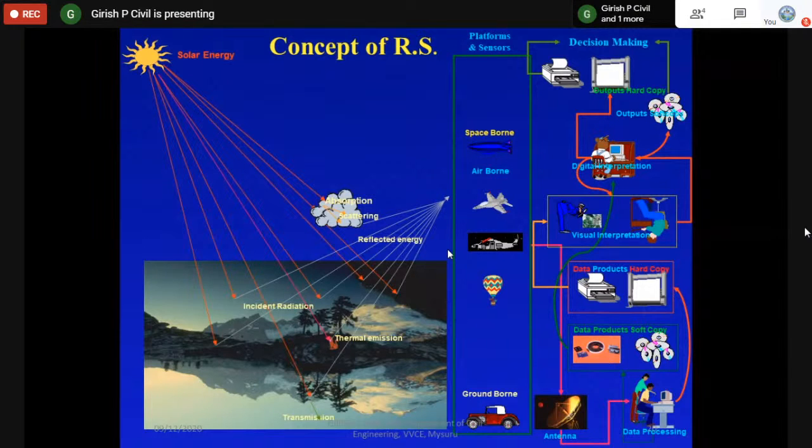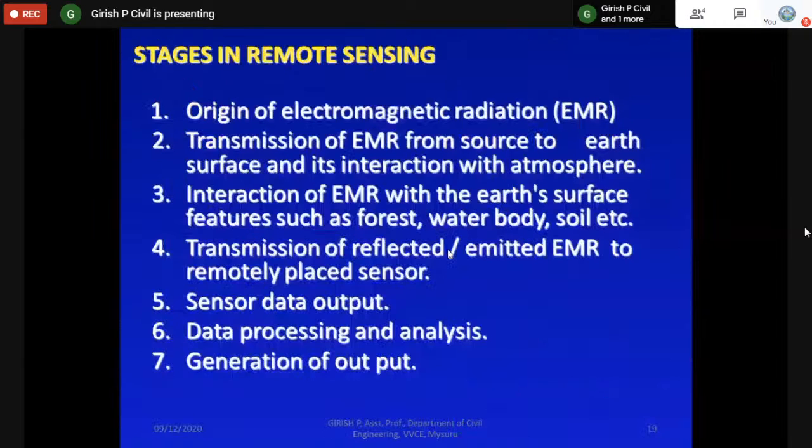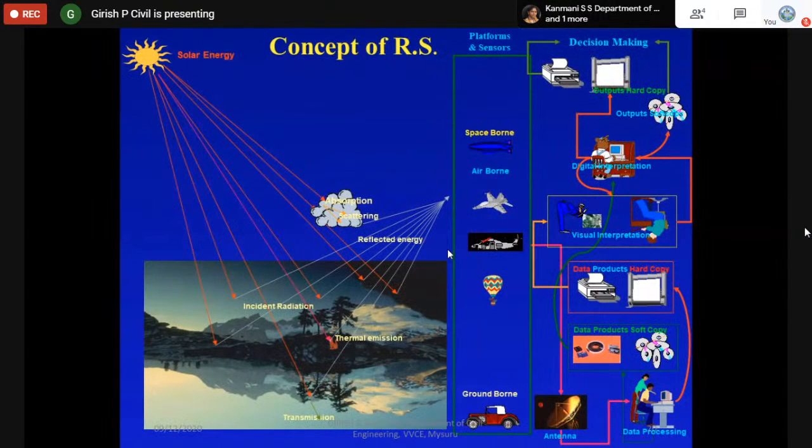Finally, after the digital preparation of the product, the system outputs a hard copy. Whatever hard copy we have obtained, only then are we going to make a decision on that particular concept. So all these processes include the 7 important stages of remote sensing, from the origin of electromagnetic radiation to the generation of the output in the end.